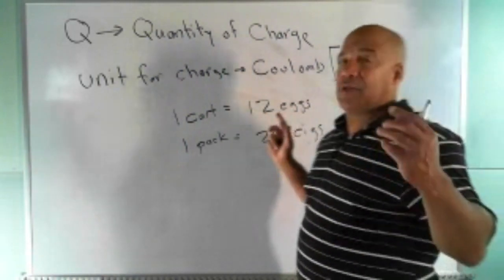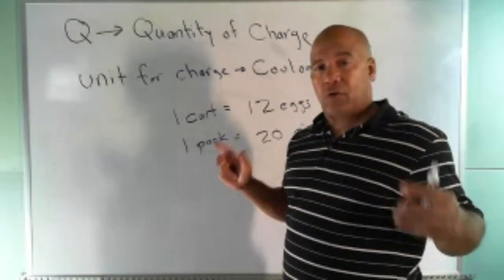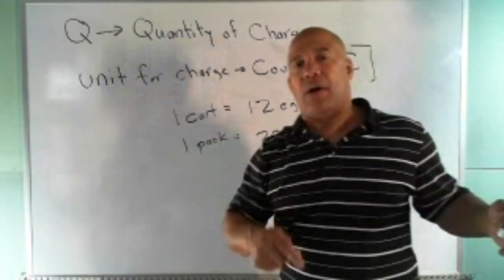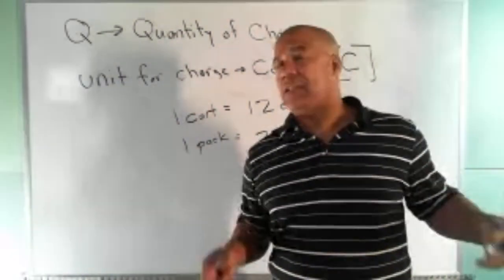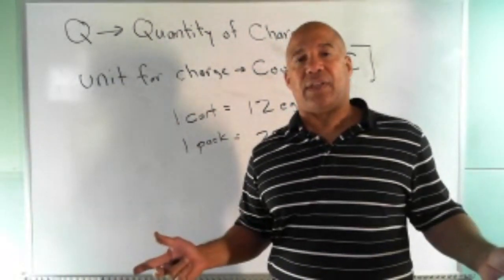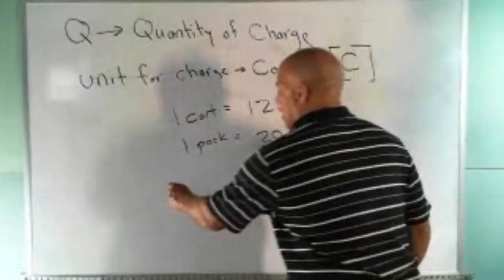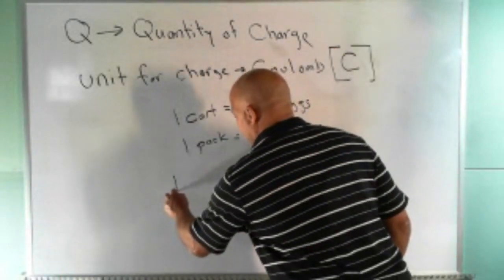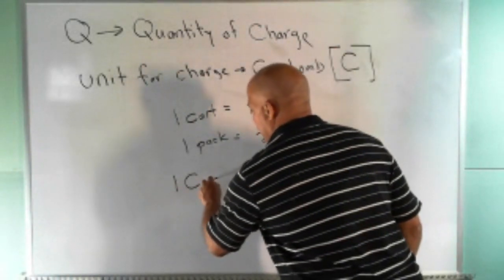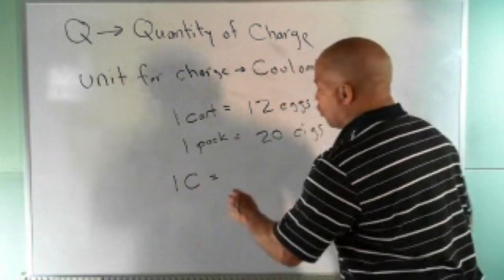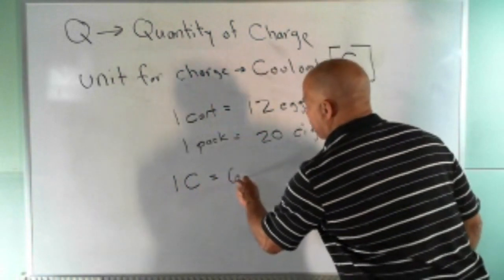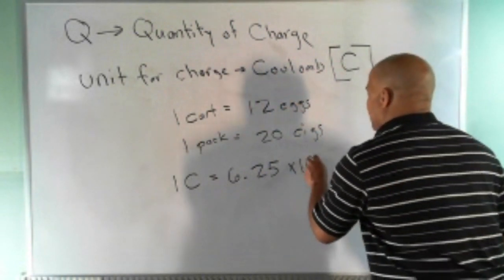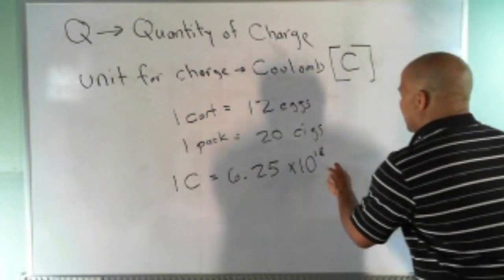The unit for charge is the coulomb, but where we get the charge is by counting the number of positive or negative charges, counting the number of electrons, basically. So you get 1 coulomb of charge when you group together 6.25 times 10 to the 18th electrons.